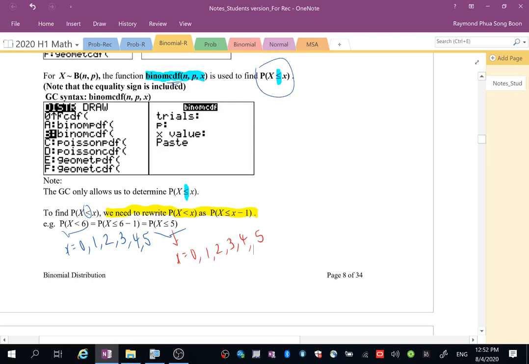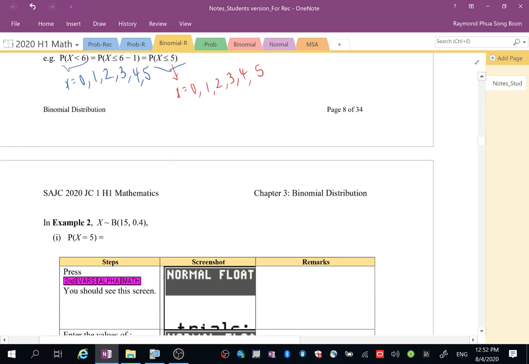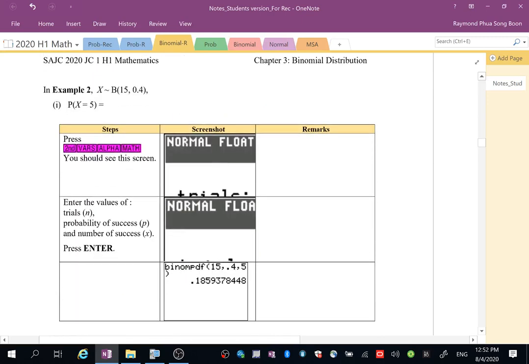Therefore, if you're asked to calculate probability X strictly less than a certain value, you have to change it to the form of probability X less than or equals to a certain value, because your GC key binom CDF can only be used to calculate probability X less than or equals to a certain value. It cannot calculate for all other inequalities. Okay, so this is one thing you need to take note of for binom CDF.